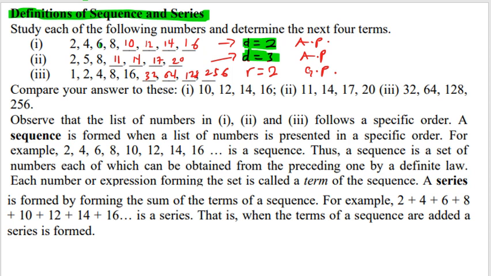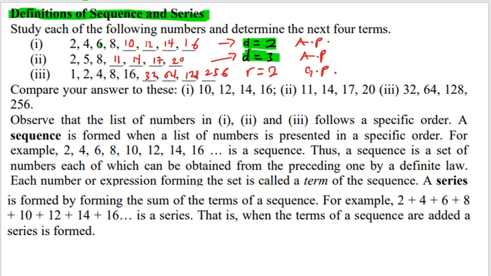But you can realize that if I pick the second one like 2 and divide by 1, I'll get 2. If I pick 4 and divide by 2, I'll get 2. If I pick 8 and divide by 4, I'll still get 2. If I take 16 and divide by 8, I'm going to get 2.